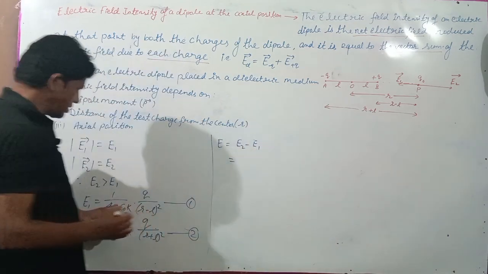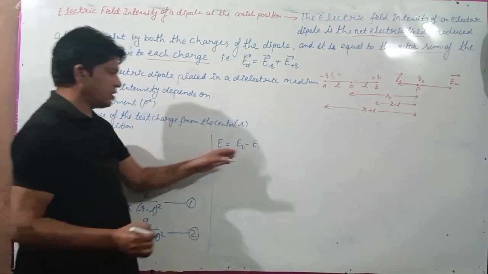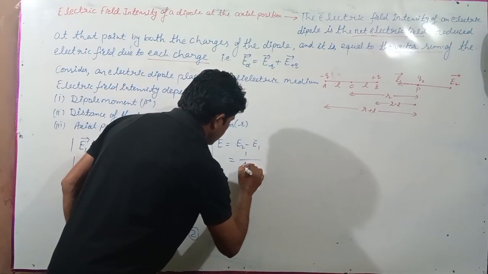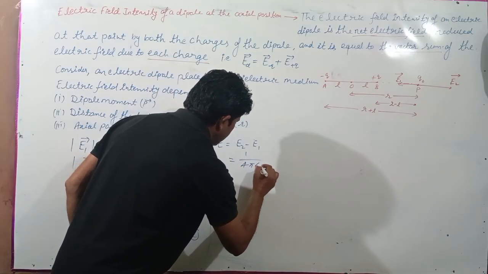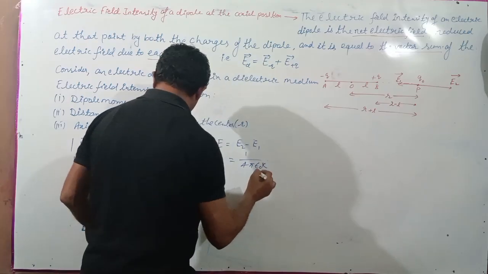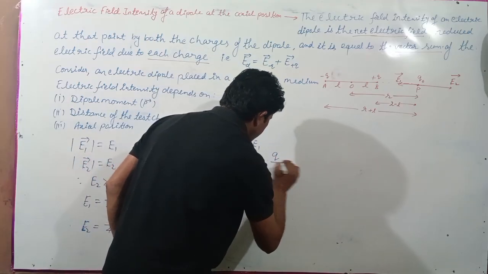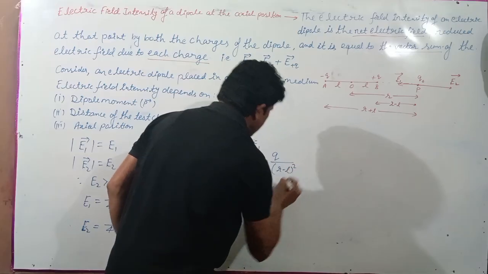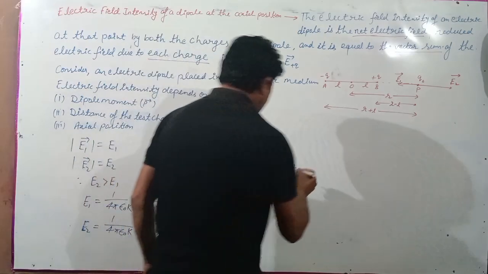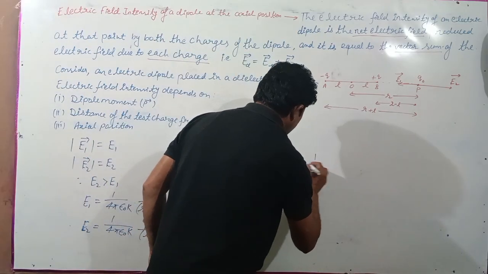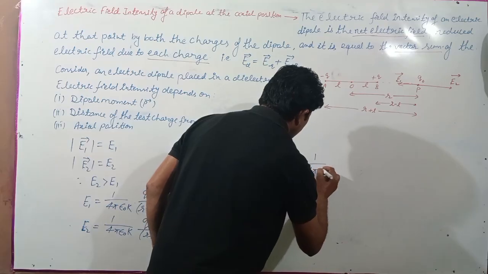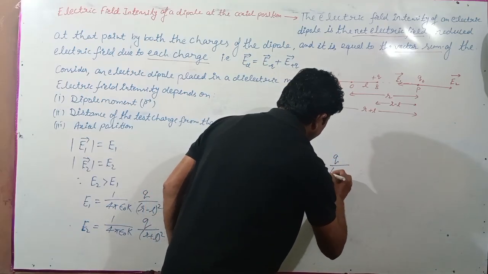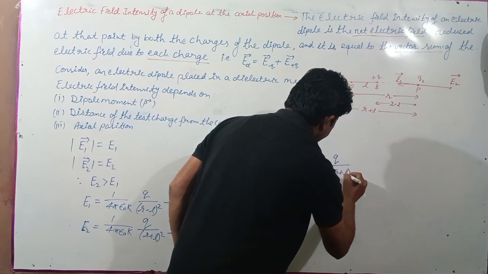Now place this formula in this line. So we see, 1 upon 4 pi epsilon naught K Q upon (R minus L) whole square minus 1 upon 4 pi epsilon naught K Q upon (R plus L) whole square.